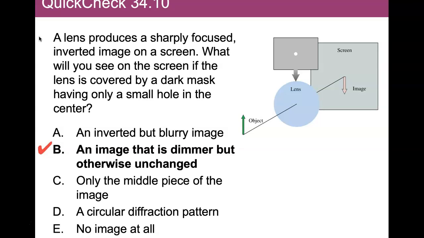Again, it's the same story. It gets much dimmer because you're covering pretty much all of the lens. But again, that region in the middle is enough to support the image. So in this limit, the size of the lens is not relevant. Again, you have rays reaching the open area of the lens from all parts of the object.